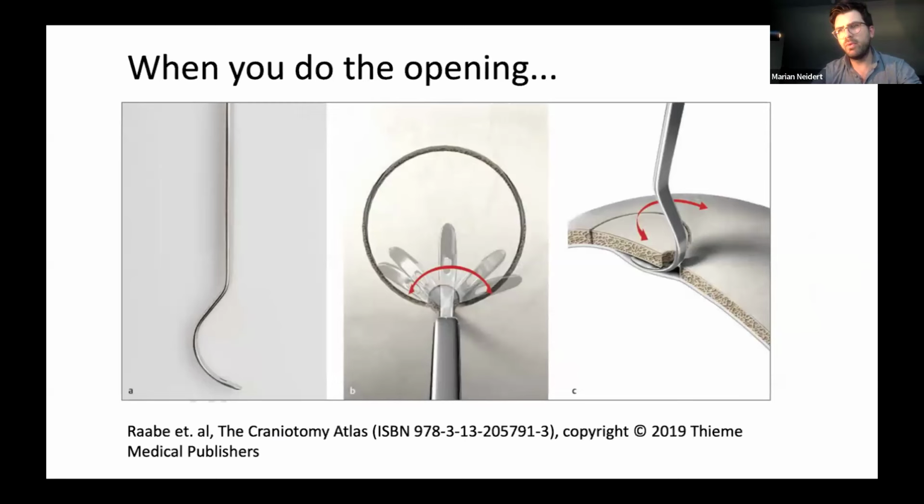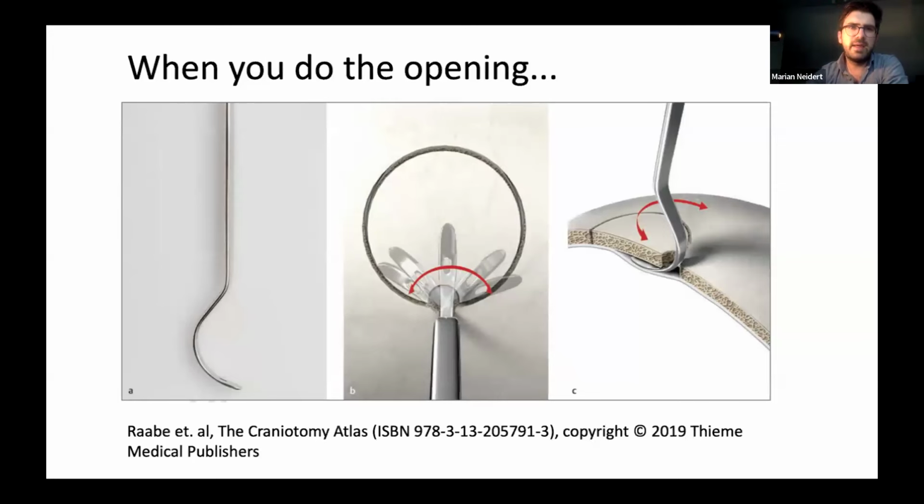And the most important thing is, and that might be very basic now and also a little bit trivial, but these are illustrations from the craniotomy book, which I can highly recommend by Professor Rabe, showing classical opening techniques. Especially before and during craniotomy, it's important to protect the integrity of the dura mater.